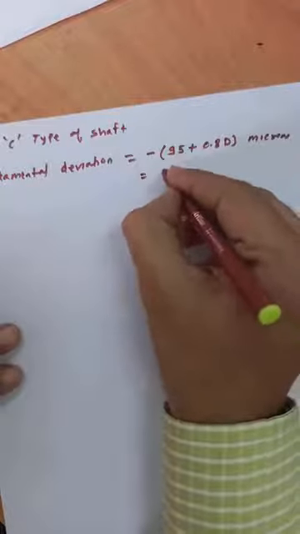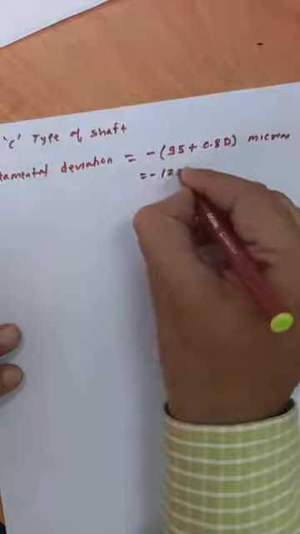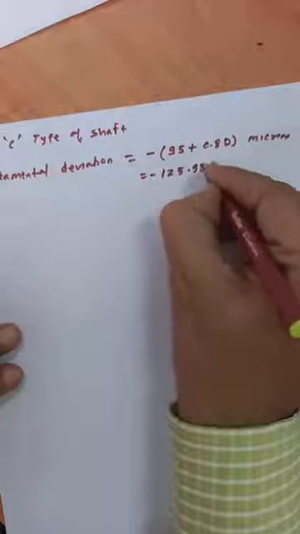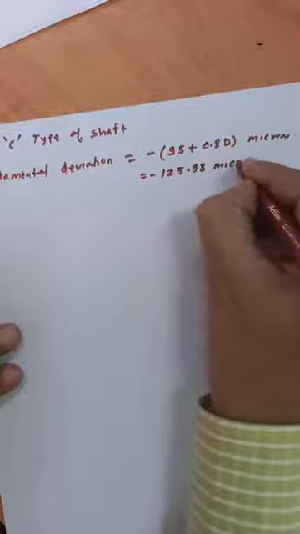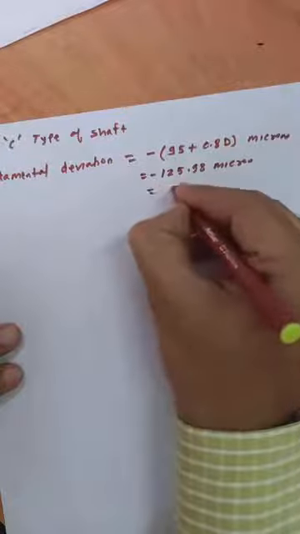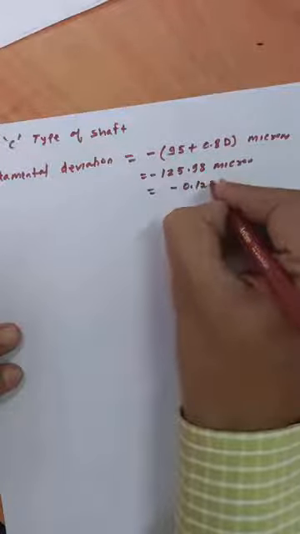It comes to be minus 125.98 microns, which is equal to minus 0.125 mm.